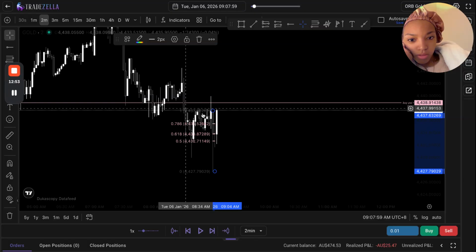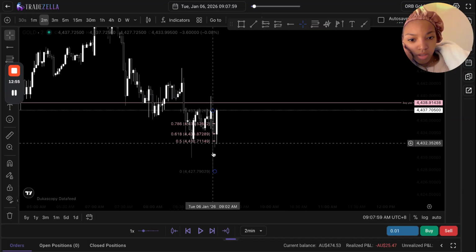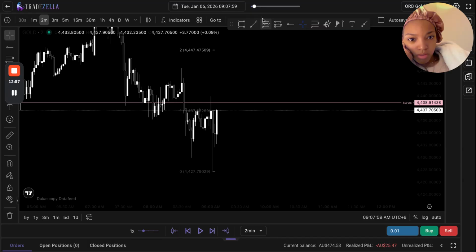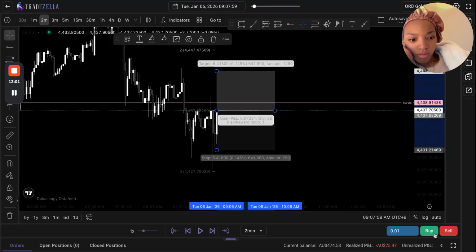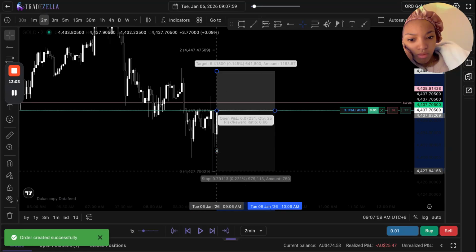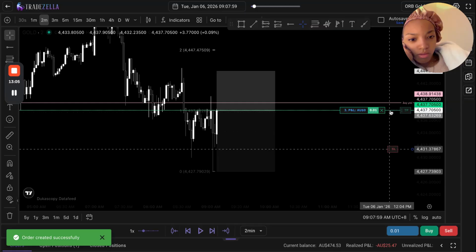Gonna be targeting a lot, but we had the accumulation, manipulation, distribution. I'm gonna try a long here. The risk is gonna be high.